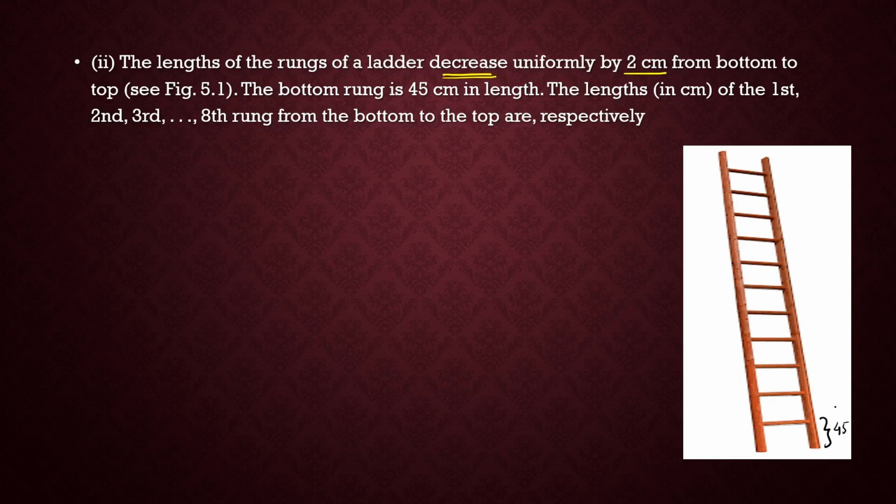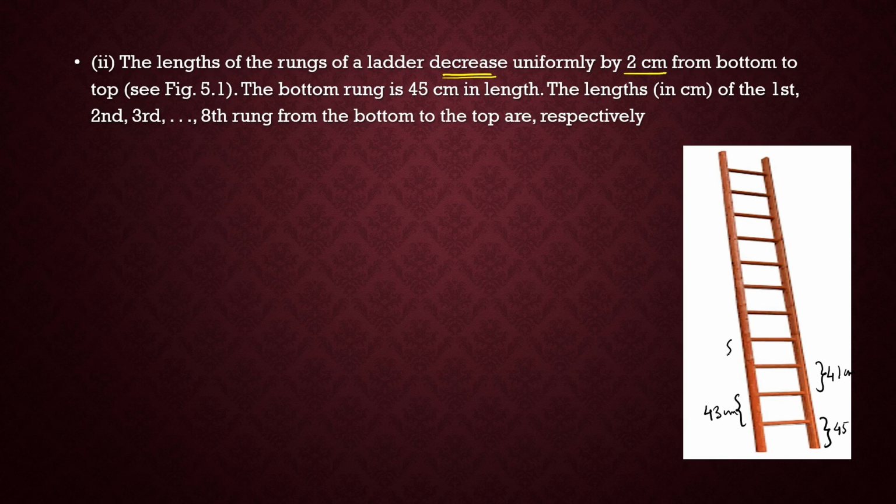I'm not writing the centimeter unit here. But as you move to the second rung, the length is getting decreased by 2. So this decreases by 2 to form 43 centimeters. Now the third rung again decreases by 2 to form 41 centimeters.